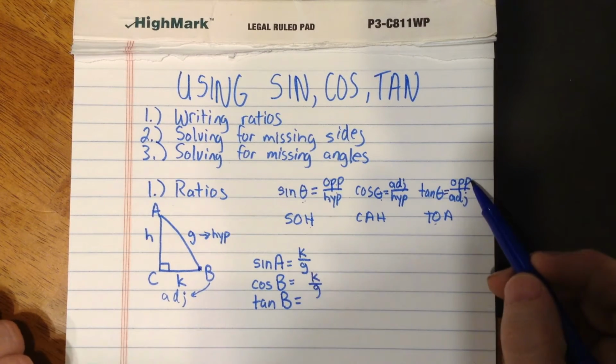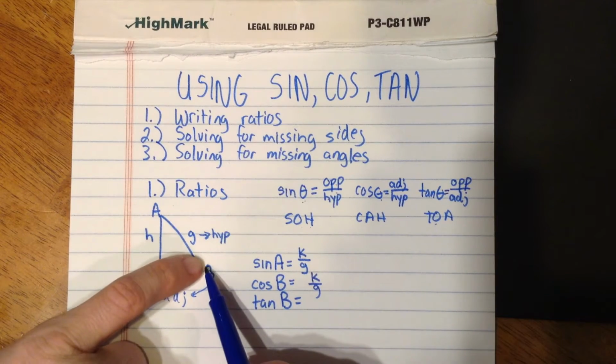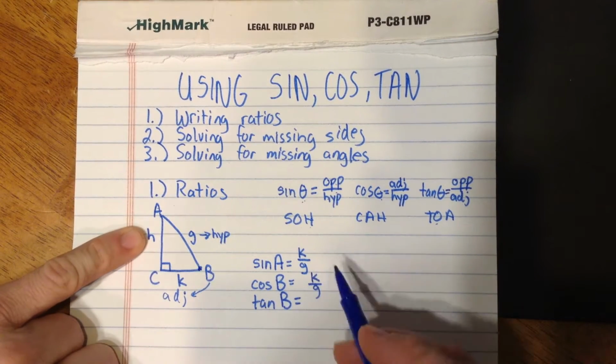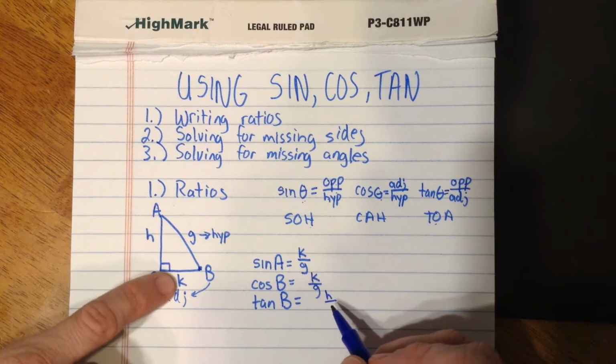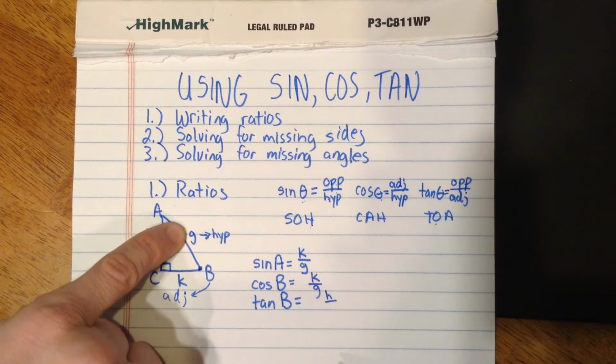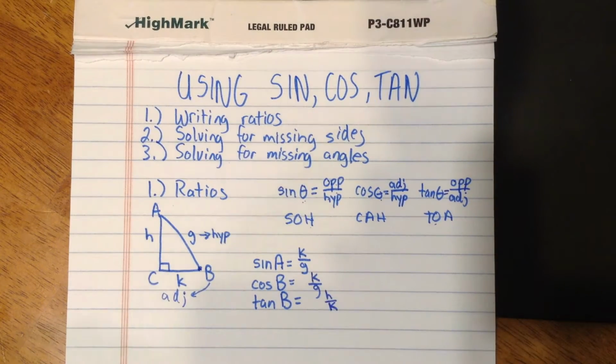Tangent is going to be opposite over adjacent. We're looking at angle B now, so the opposite side is the furthest, which is side H. The adjacent side is the closest, that is not the hypotenuse, which in this case will be K. So that's how you write ratios.